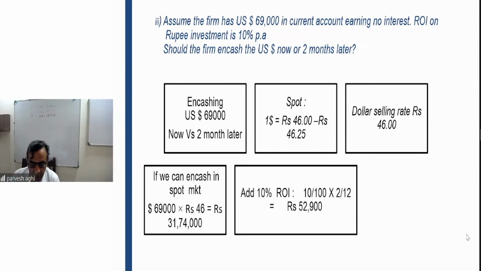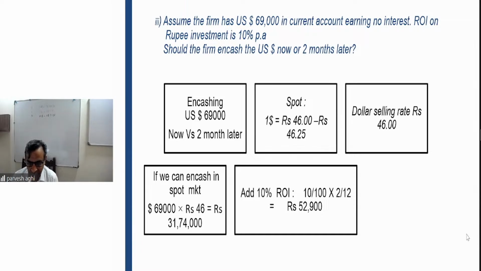Okay. But now if your account is now with Indian rupees, you're going to get 10% rate of interest. So 10% means 10 upon 100 for 2 months, you will get 52,900 rupees as interest. When you encash it, you will get 46 rupees, not 46.25. If you want to buy, you will get 46.25, but if you want to sell, you are going to get 46.